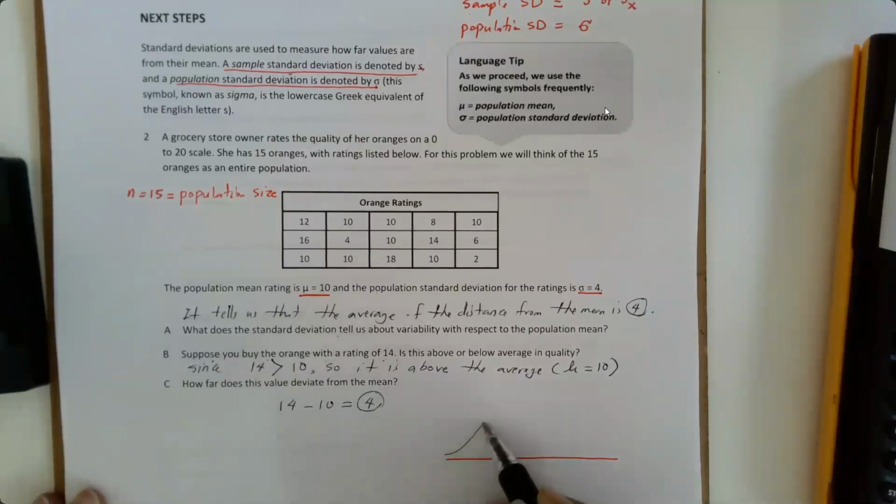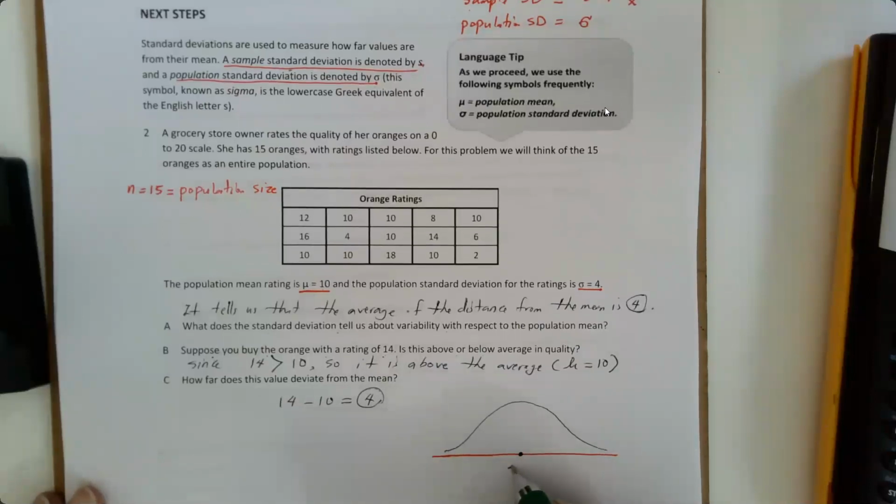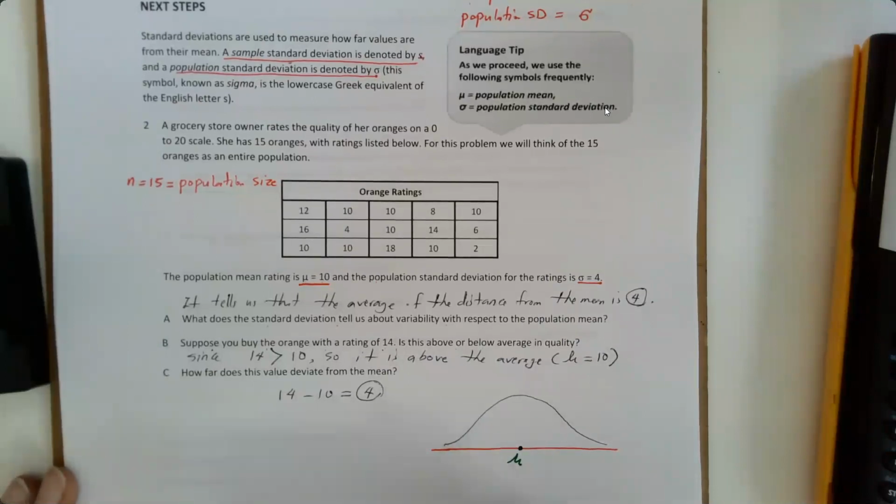When the population is bell-shaped or normally distributed, the mean of the data, the typical value, the center, is a number in the middle of the horizontal line. This is your mean. If you're working with a population, you denote it by mu. If you are using a sample, you're going to use X bar.